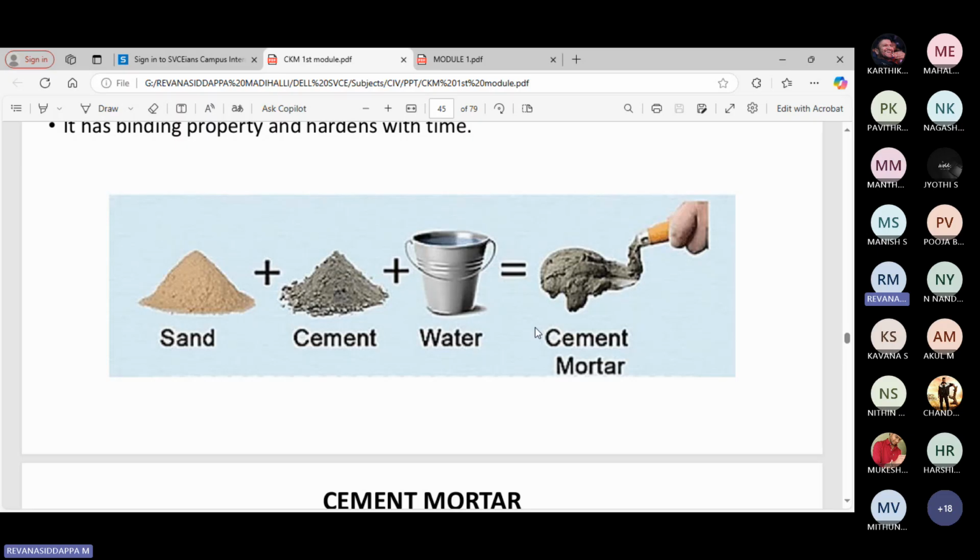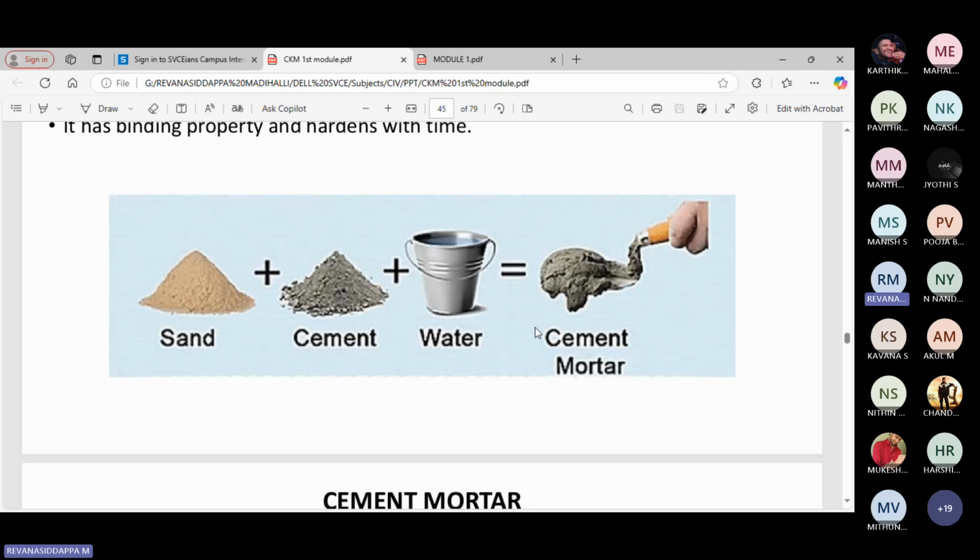Apart from this, we also use this mortar for making ornaments like pots, and even the furniture in public parks, which is made by this cement mortar along with some steel mesh, or the reinforcement.